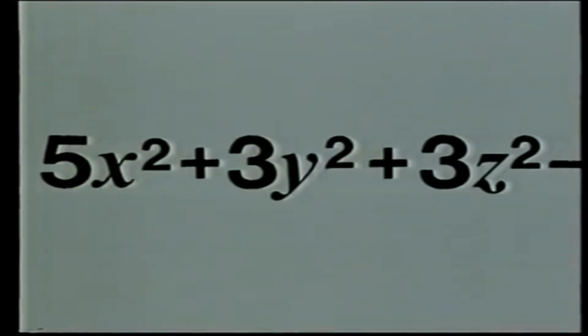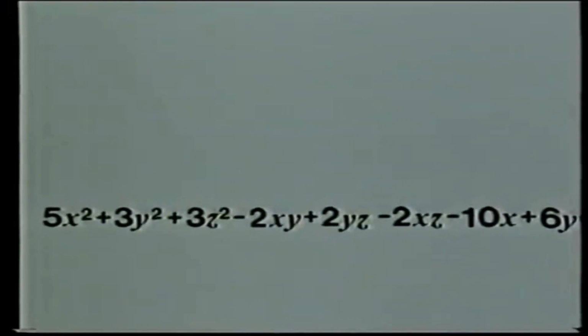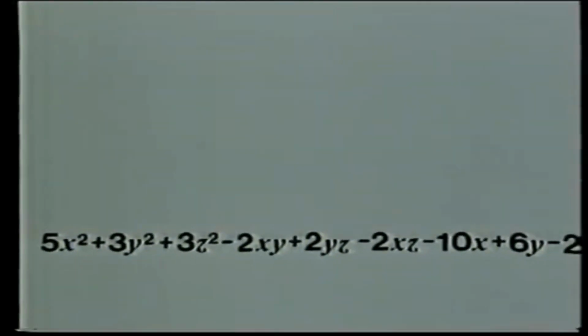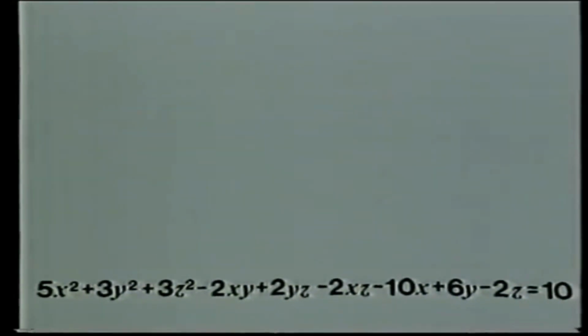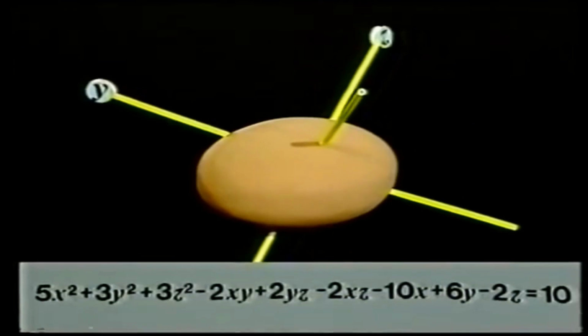The second degree expression, 5x squared plus 3y squared plus 3z squared, with the cross terms minus 2xy plus 2yz minus 2xz, and linear terms minus 10x plus 6y minus 2z, all equal to 10, well, that amounts to a rather long equation representing this ellipsoidal surface.